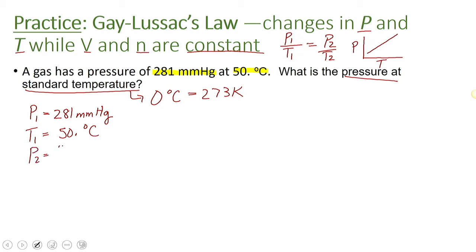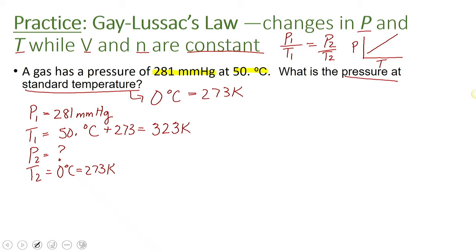P2 is what we're looking for, and T2 is equal to 0 degrees or 273 K. Let's go ahead and convert our T1 to kelvins by adding 273 to 50 to give us 323 kelvins.